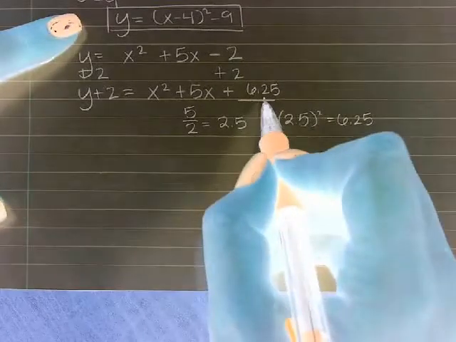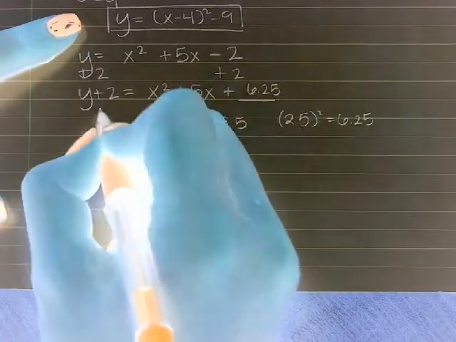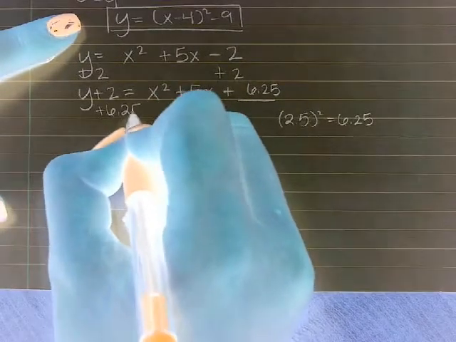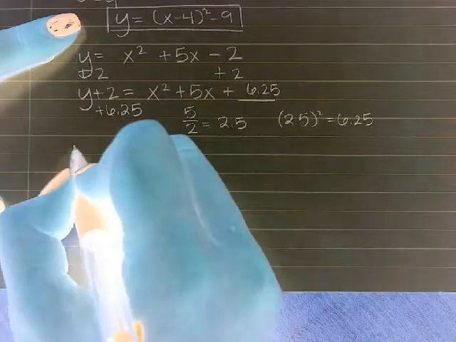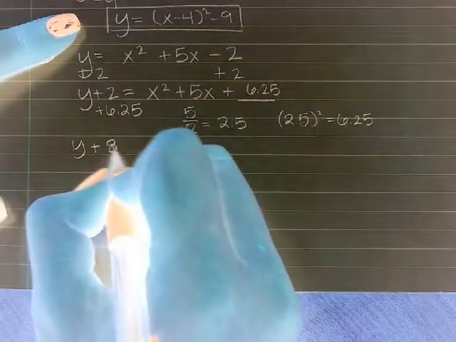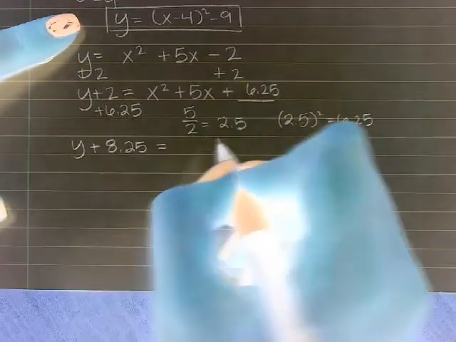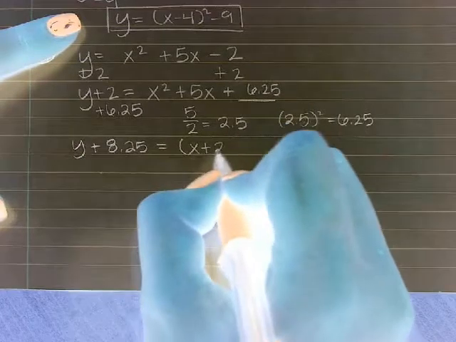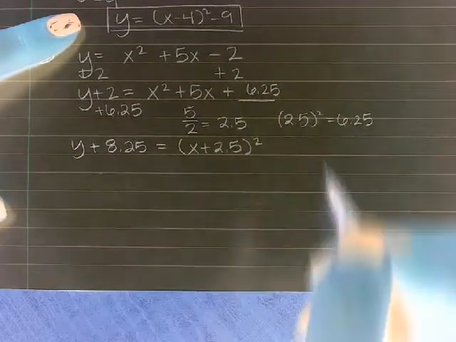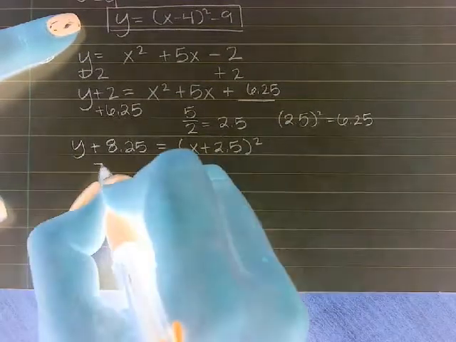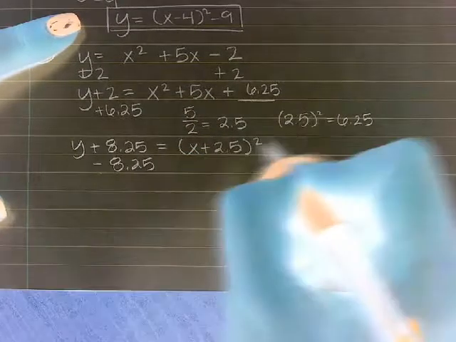So since we added 6.25 to the right side, we're going to add it to the left side. Y plus 8.25 equals x plus 2.5 squared. And then we can go ahead and subtract this over to get the y by itself.